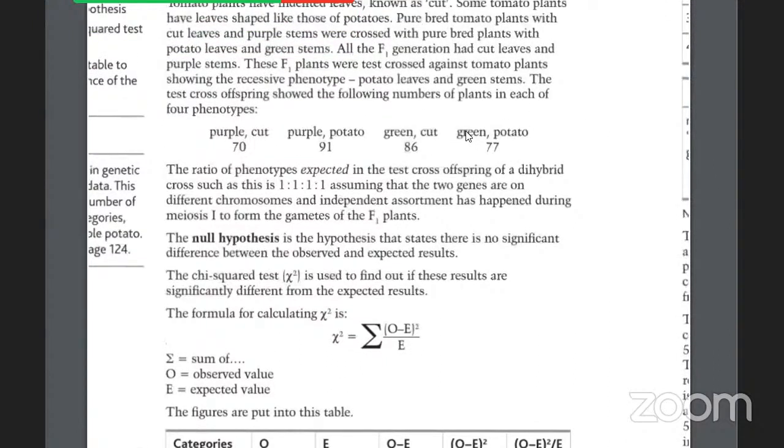Remember, in a dihybrid cross, we're doing two types of traits. In this one, it was purple and cut. Their expectation was a 1-to-1-to-1 ratio. And for the null hypothesis, you're always going to say there is no significant difference between the observed and the expected.